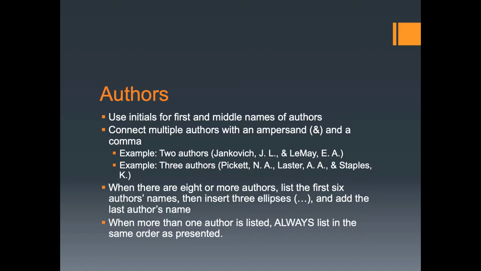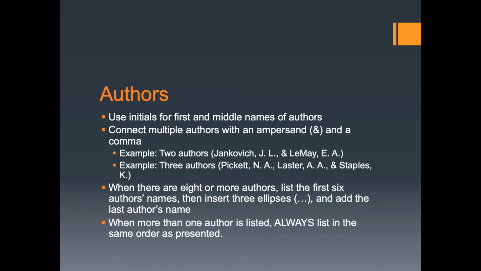The magic number to remember is 7. You can never have any more than 7 names listed. So numbers 1, 2, 3, 4, 5, 6, and 7 all will be listed. However, if you have 8 or more, because that exceeds the number 7, you will list the first 6, and then you will use the so-called ellipsis, which is dot, dot, dot, and whatever the last author's name is, you would add that to the list.